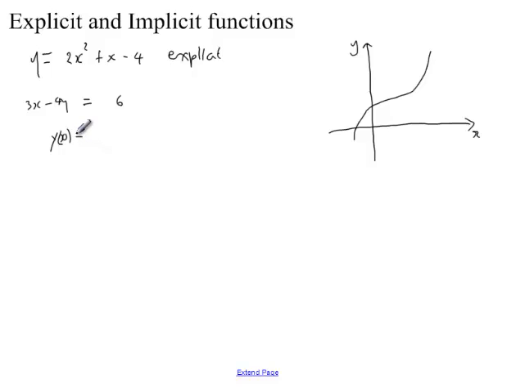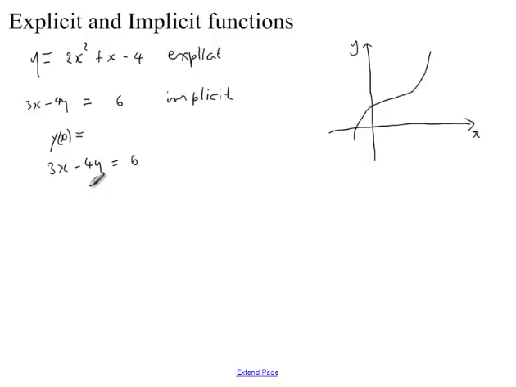But this function is not given explicitly like that one. It doesn't immediately suggest how you are going to compute the values of y. So this is when you describe the function as given this way. That is implicit.